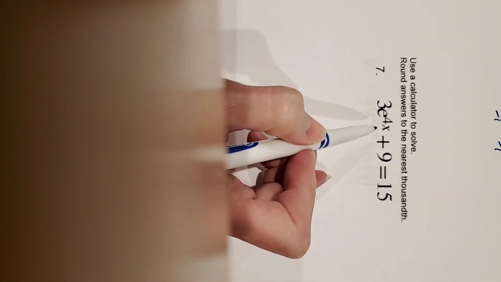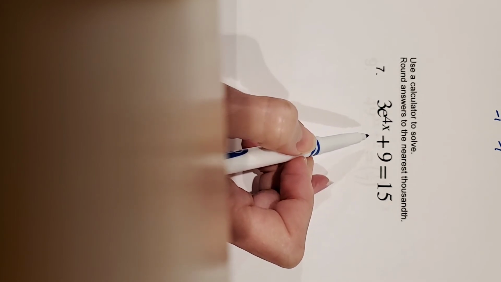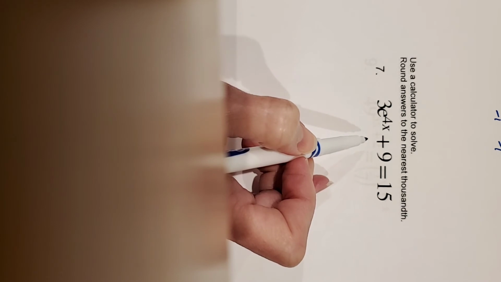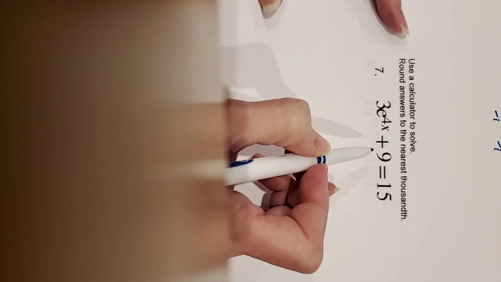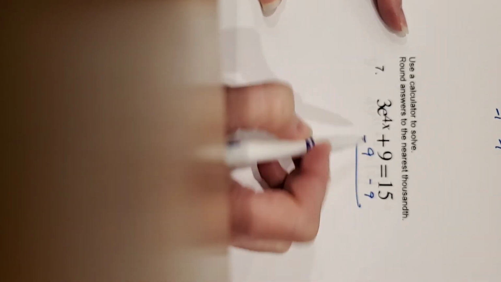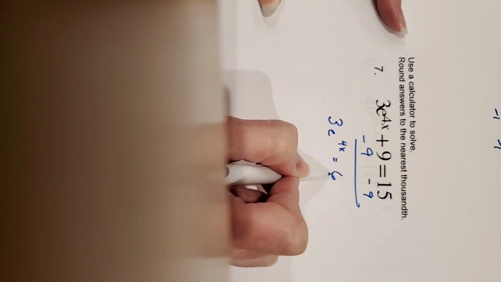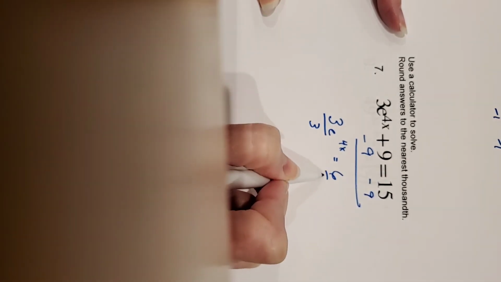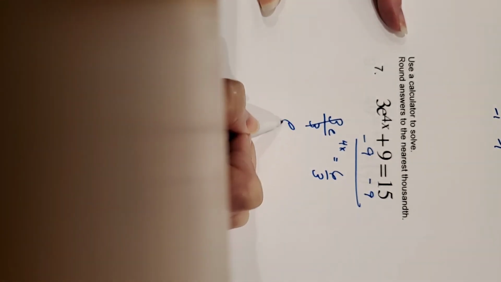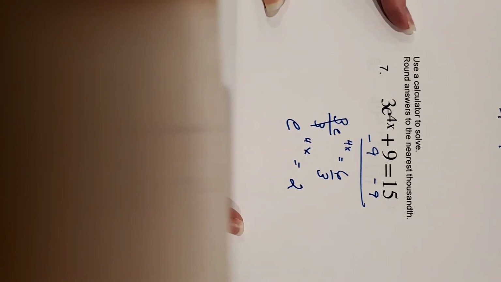Anytime our variable is in the exponent position, we need to get it out of the exponent position, but I first need to isolate the e. So in this particular problem, I need to subtract the 9 first, and I end up with 3 times e to the 4x power equals 6. Divide both sides by 3, and I get e to the 4x power equals 2.